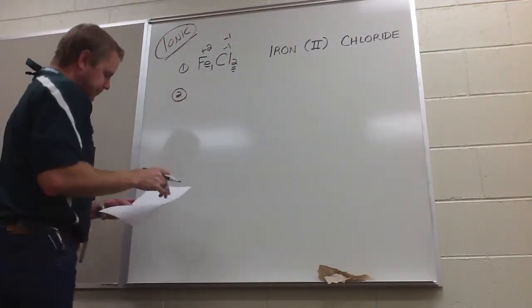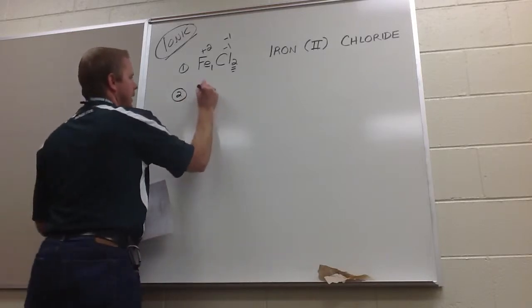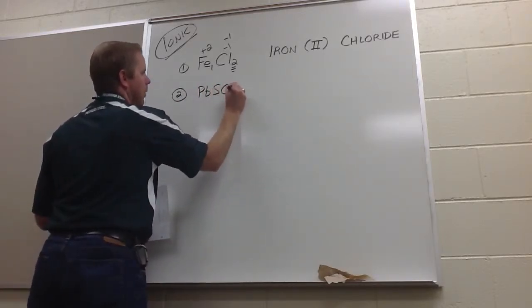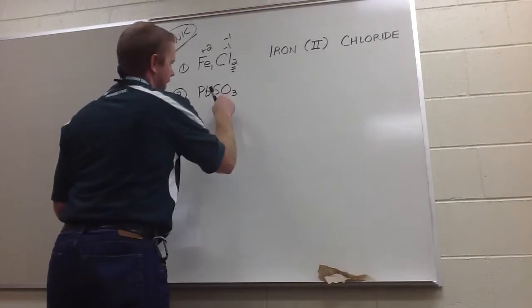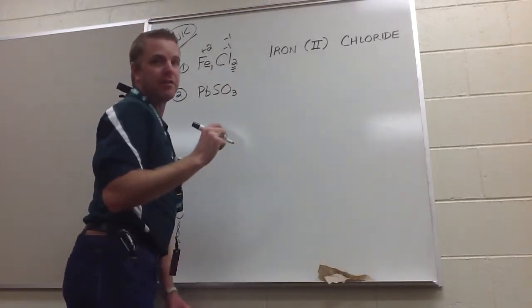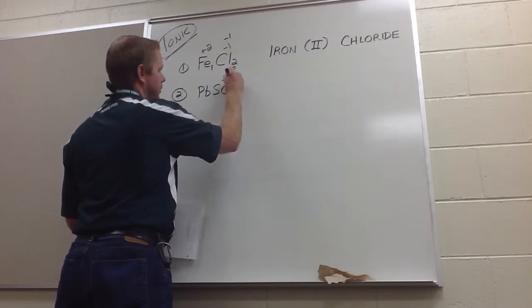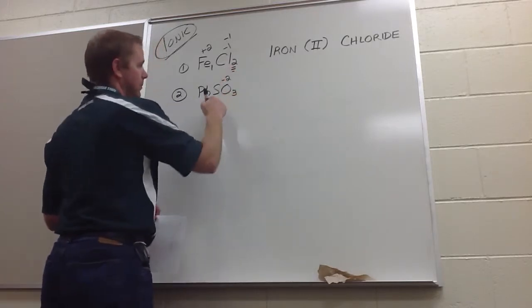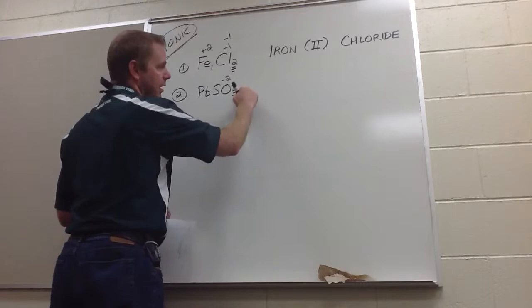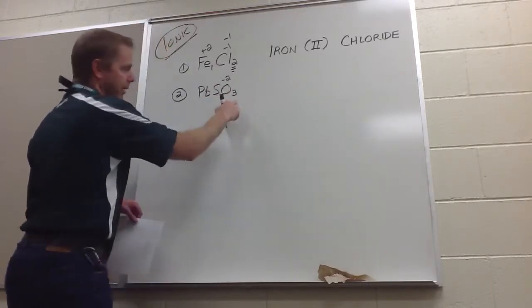Number 2. PbSO3. SO3, you're memorizing this polyatomic anion, and -2 is its charge. There's only 1 of them. How do I know that? Because there's no parentheses and number. So there's 1 SO3.